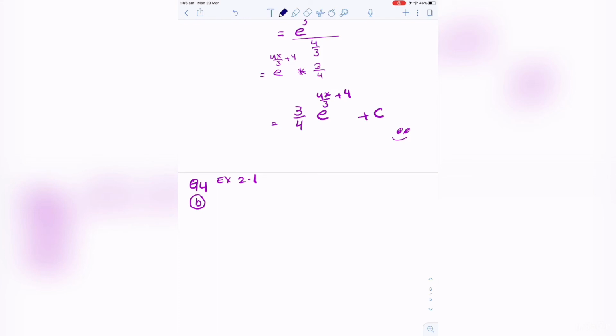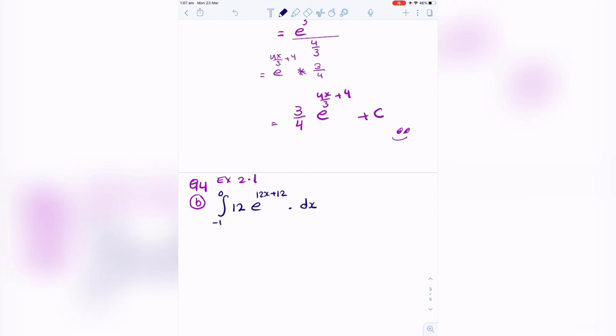So B is the integration from -1 to 0 of 12e to the power 12x plus 12, dx.